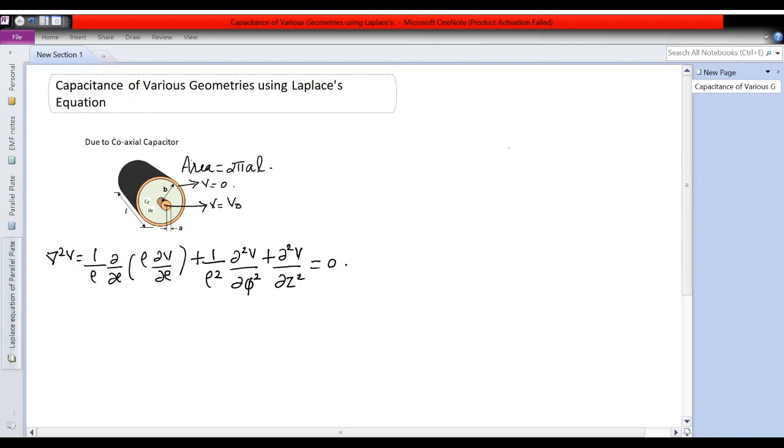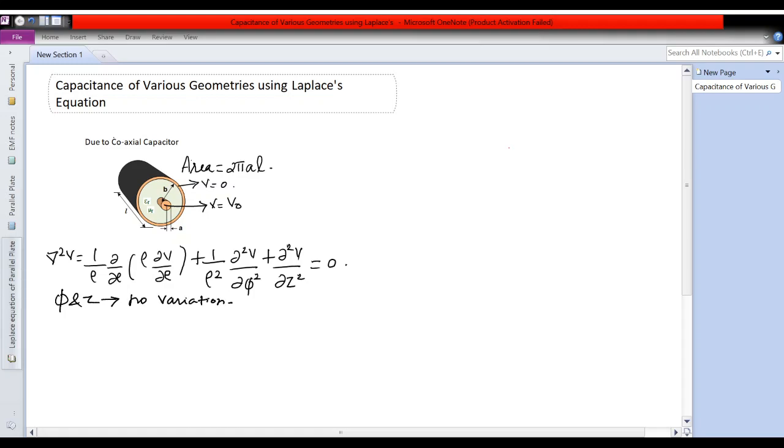This is your Laplace equation in the cylindrical coordinate system. Here we have considered only the variation of radius, so there is no variation along phi and Z.